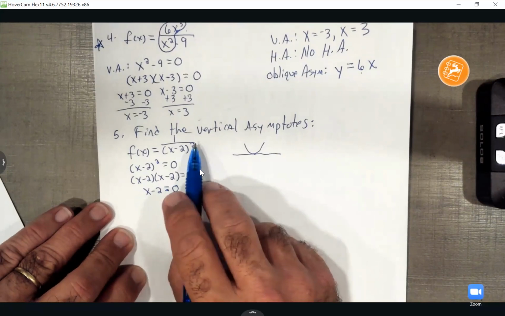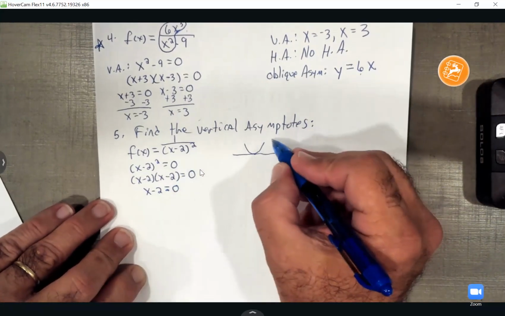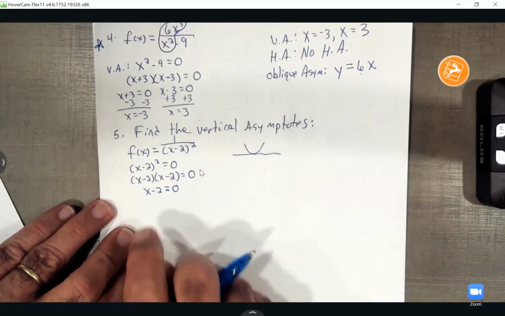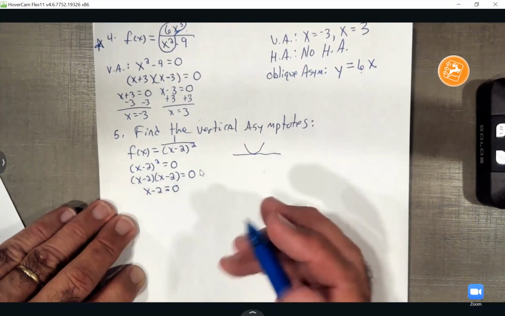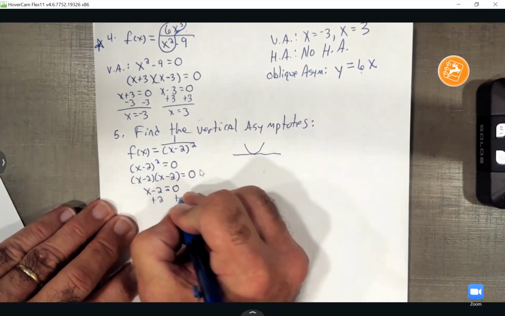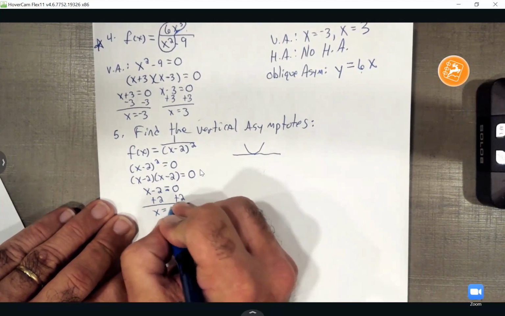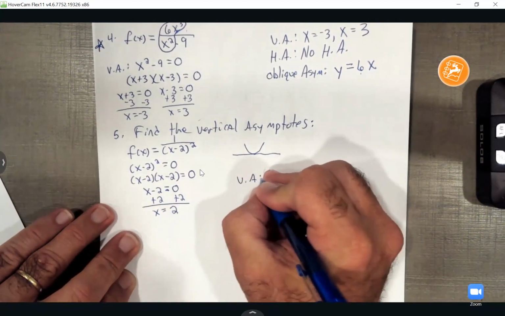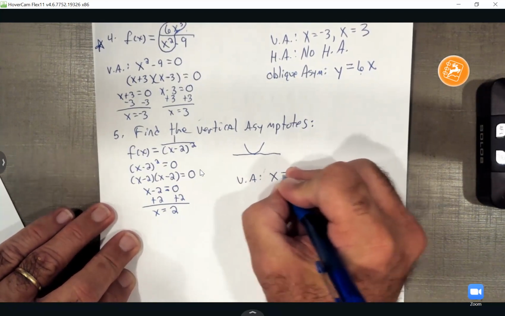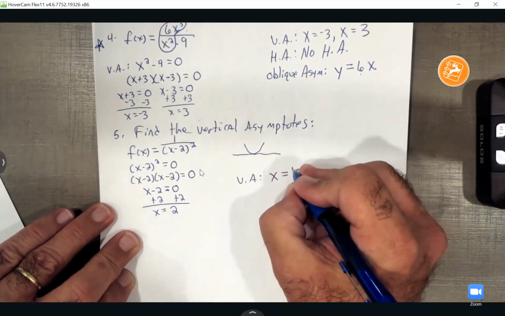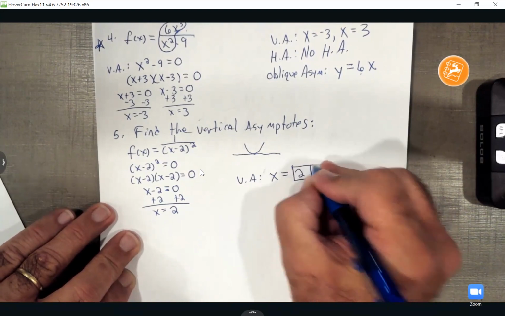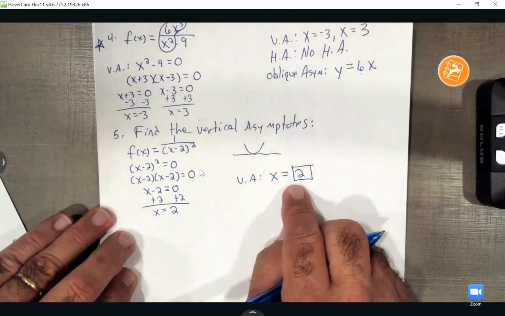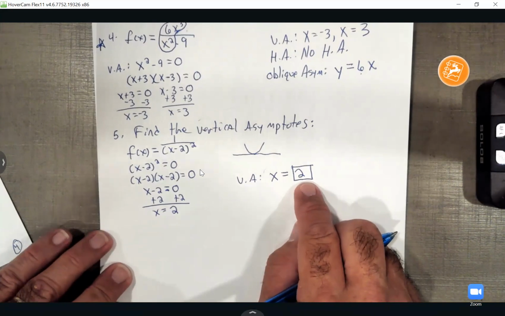Remember, even ones touch the x-axis, the odd ones would go all the way through. So y'all solve this. We're going to what? Add 2 to both sides. Get x is a positive 2. So my only vertical asymptote is x equals 2. Now that one, they already give you the x equals. All you do is put in that number, okay?